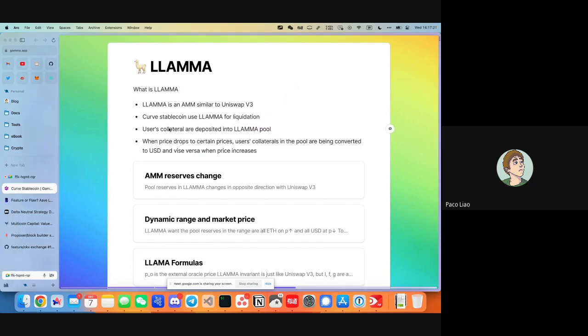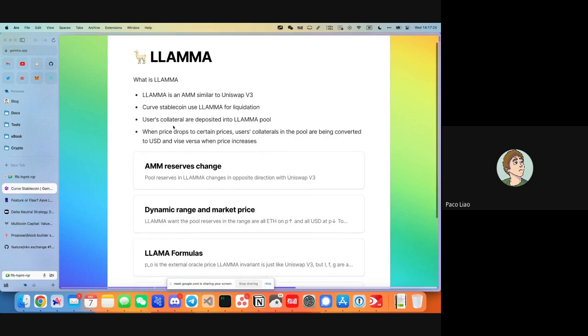Llama's main purpose is to liquidate users' collateral, and users' collateral is deposited to the Llama pool. Let's say we use ETH as collateral: if the ETH price drops to a certain price, user collateral will start to be liquidated. In this Llama pool, users' collateral will be converted to USD, and vice versa when the price increases. It will convert back to ETH if the price goes up, sorry.